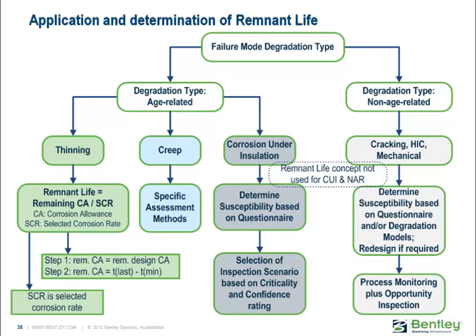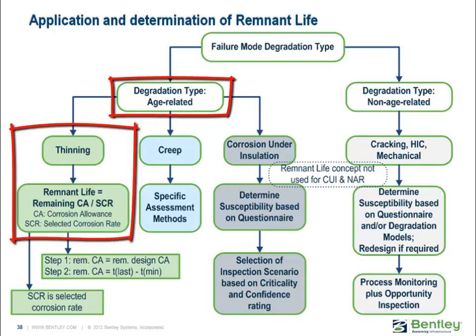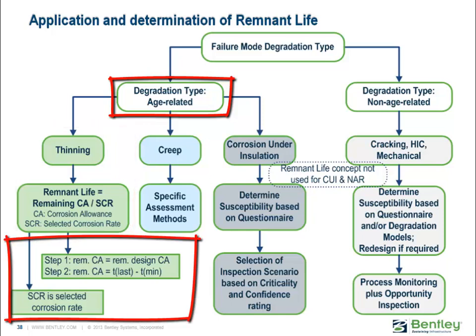So, in summary, we have two failure mode degradation types. The degradation types that are age-related. The age-related one can be trendable, like wall thinning. For this type of degradation type, we are going to estimate the remnant life based on the remaining corrosion allowance and a selected corrosion rate.